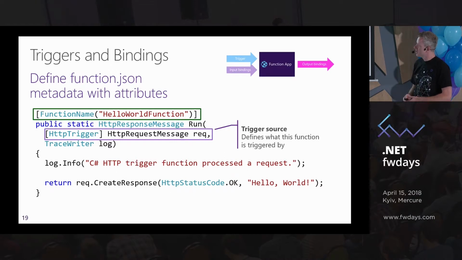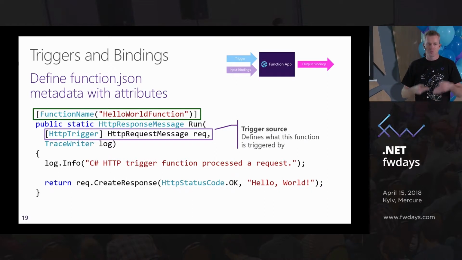Then there are the things that are input or triggers. Those are marked as attributes indicating that this is the parameter that represents the trigger. So in this case, it's an incoming HTTP request message, but it's already there. So you have the message at hand. It's called RQ, and at the bottom line in the return, you can see that you can just create output with it.